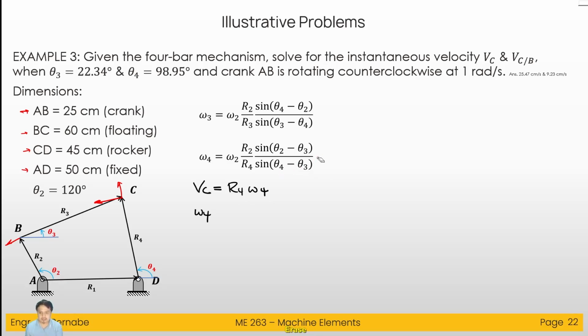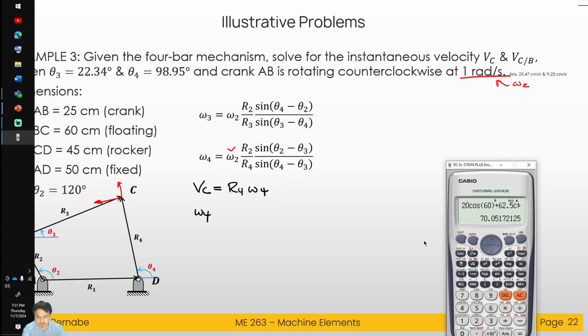Everything is given. Omega 2 is given. So this is omega 2, guys. I'll just write down here omega 2. Okay, so we can solve this. You have omega 2, so 1 times R2 over R4. So R2 is 25, R4 is 45.